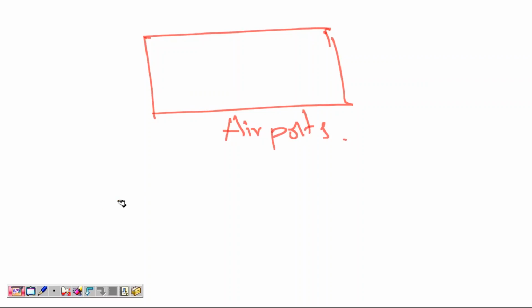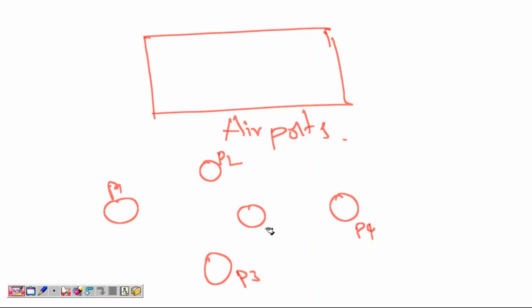My data is this one. This is airports data I'm taking, airports and simple logistics example. This is port 1, port 2, port 3, port 4, port 5.